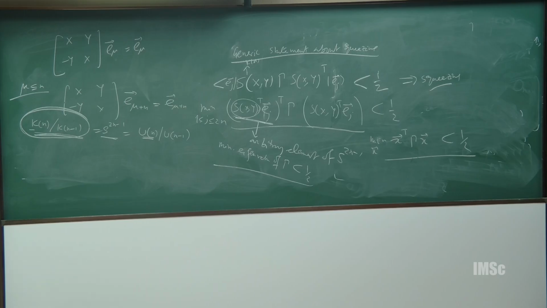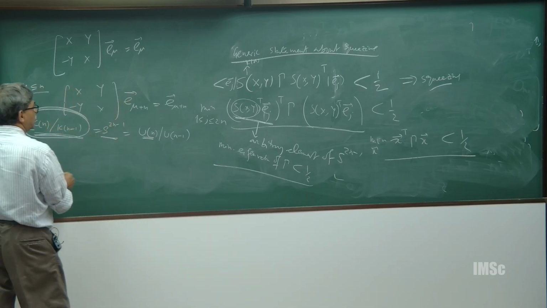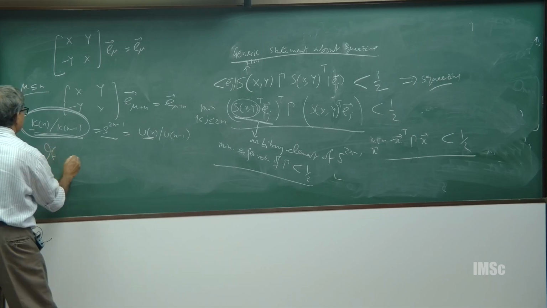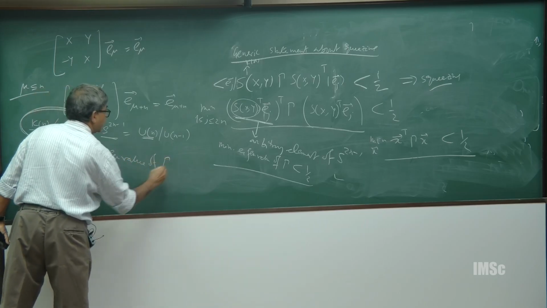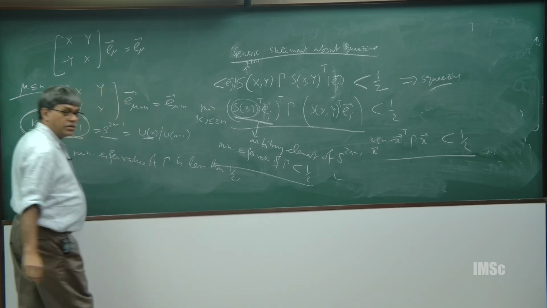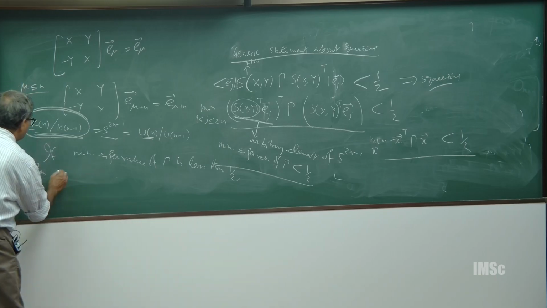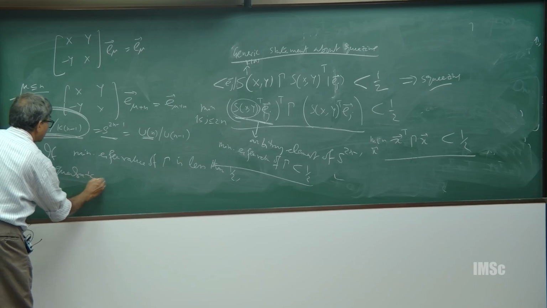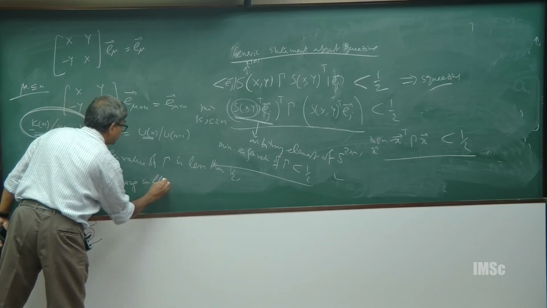Okay. So what it tells you is that if the minimum eigenvalue of gamma is less than half, then a quadrature squeezing will achieve squeezing on gamma.